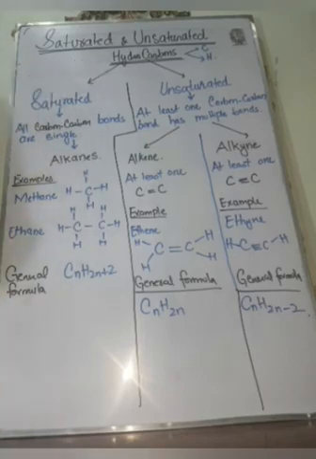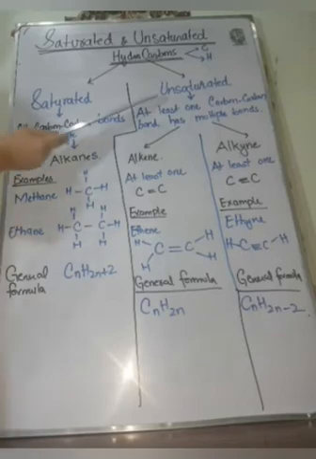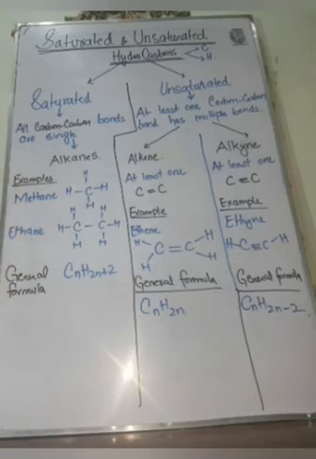These hydrocarbons may be divided into 2 categories, saturated and unsaturated hydrocarbons. Saturated hydrocarbons are the hydrocarbons in which all carbon-carbon bonds are single. These saturated hydrocarbons are called alkanes.